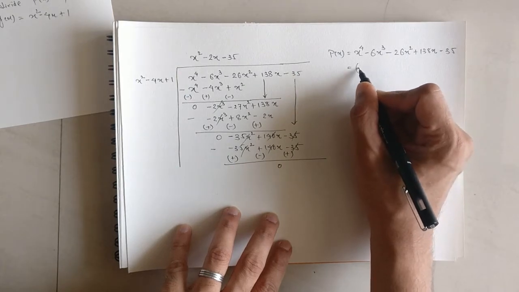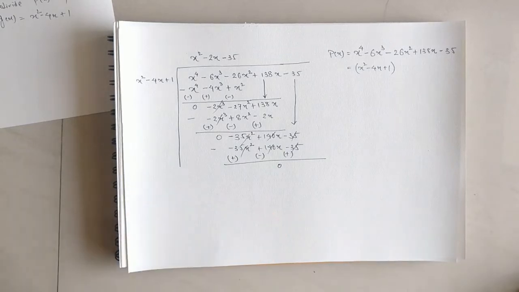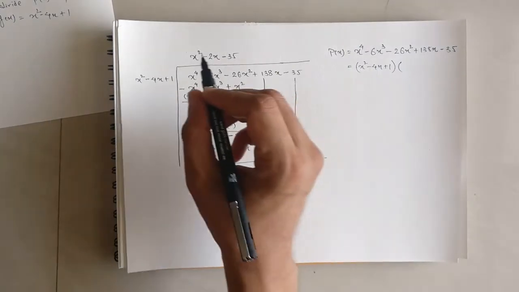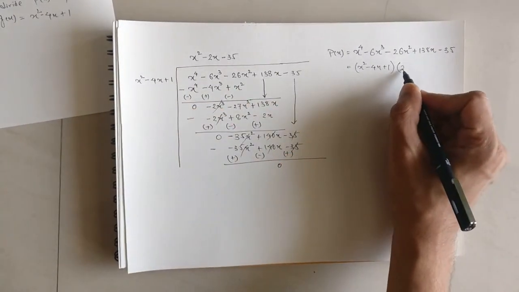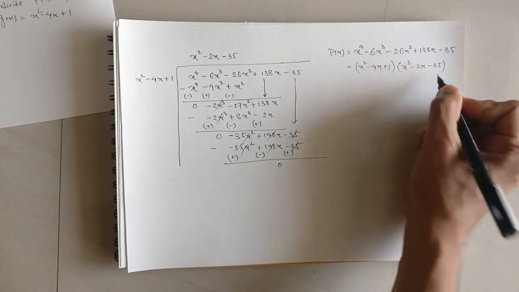One factor was x square minus 4x plus 1. Do you remember from where you got this? You got it from the zeros which they had given in the question, 2 plus root 3 and 2 minus root 3. And the other factor is the quotient, which is x square minus 2x minus 35.